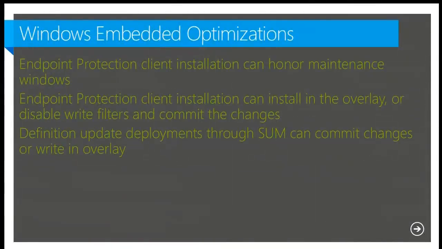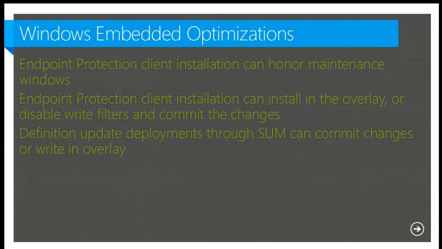So briefly touching on the embedded optimizations that we've done here. We know that there is an explosion of embedded devices, and there is a reason why people want to manage these devices. So we can now install the Endpoint Protection client on the embedded system within a maintenance window.